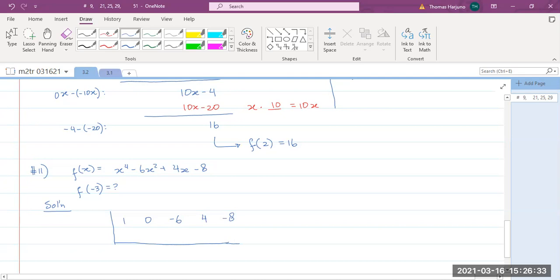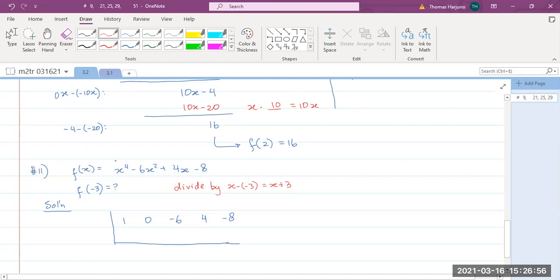Now, because we want to find f(negative 3), it means we divide by x minus negative 3, which is x plus 3. We will divide by x plus 3. So what is the c here?